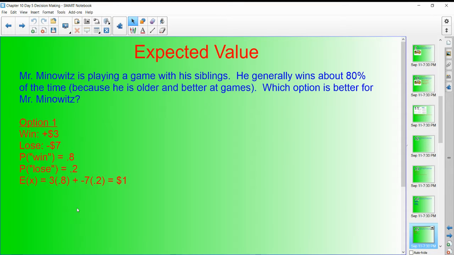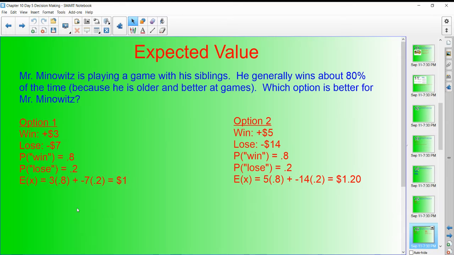Now option 2, I could win $5 or lose $14. So I could lose a lot more than I win in this case. But it actually says my expected value is higher. So I'd win $1.20 approximately every time I played.